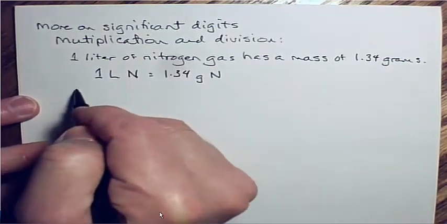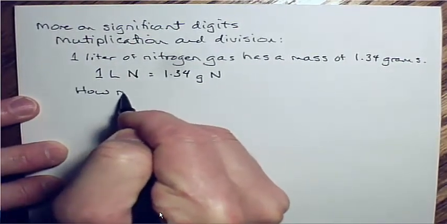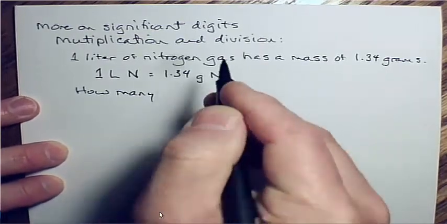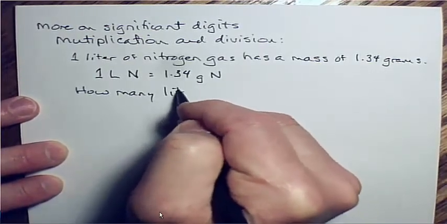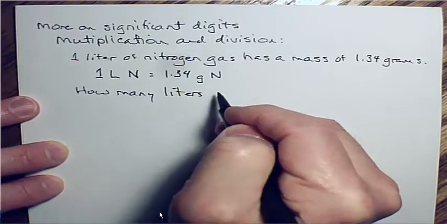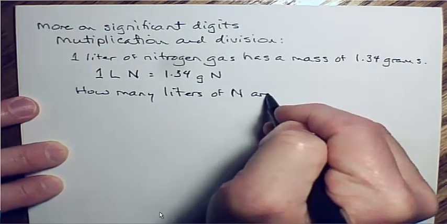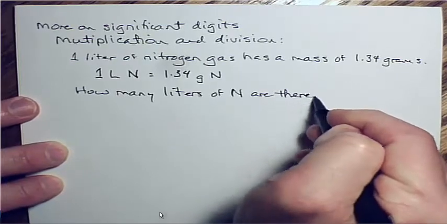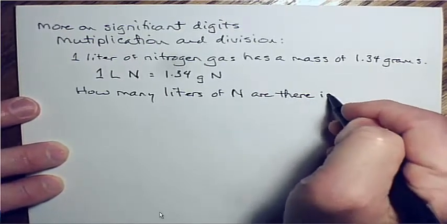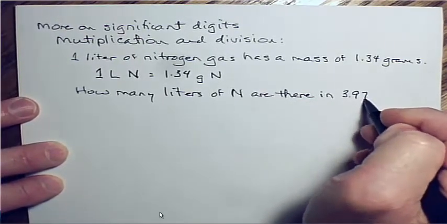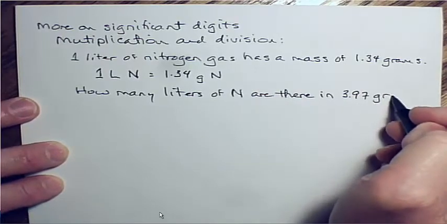So then the question is, how many liters of nitrogen are there in 3.97 grams?